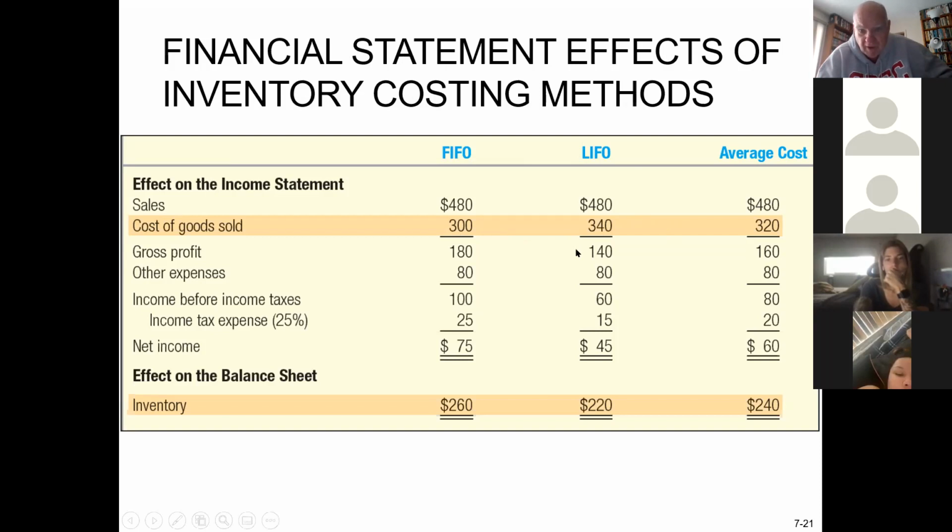So our gross profit under LIFO is less than it is under FIFO. And same thing with the net income before taxes. It's going to be off by the same amount. The point you need to understand is FIFO results in a higher gross profit and thus a higher pre-tax income. Okay? FIFO results in a higher income, lower cost of goods sold.